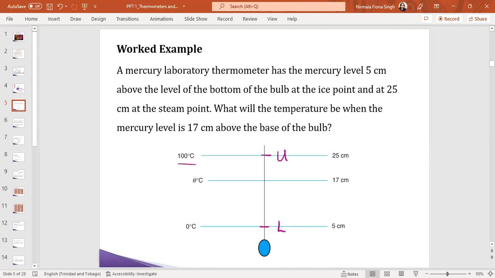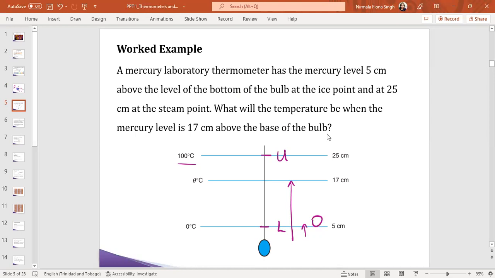All right, so we want to determine what the temperature will be when the mercury level is 17 centimeters above the base of the bulb. So what we need to do, we can't just go and measure from the bulb itself. We have to measure from where we start, which is at 0.